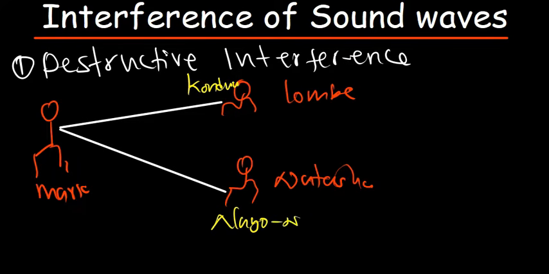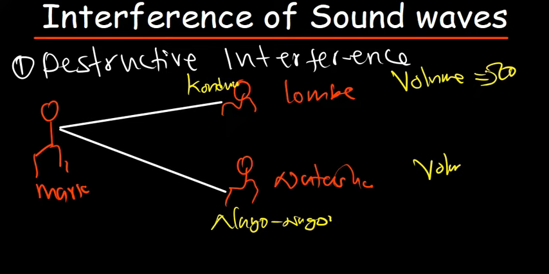Let's say these two are using phones, or maybe a speaker or something. Lombe has increased the volume all the way to 20. Then Natasha has increased the volume all the way to 15.